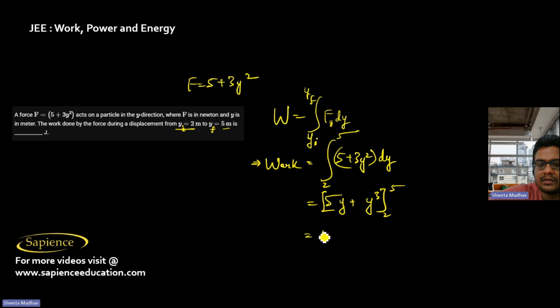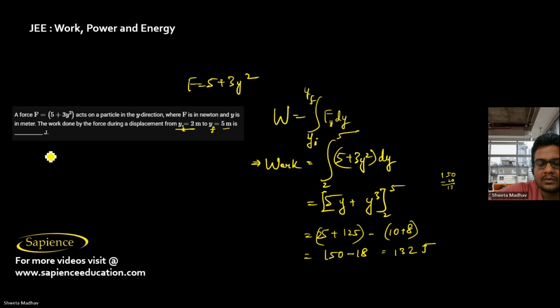So 5 into 5 is 25 plus 125, minus 10 plus 8. So this will be 150 minus 18, that is 132 joule. So 132 joule is the work done.